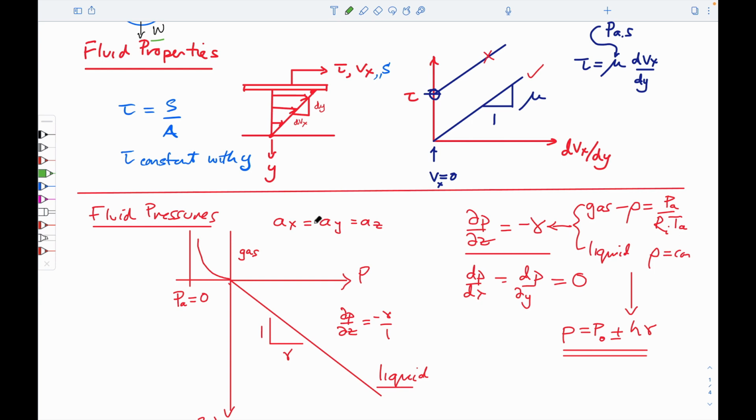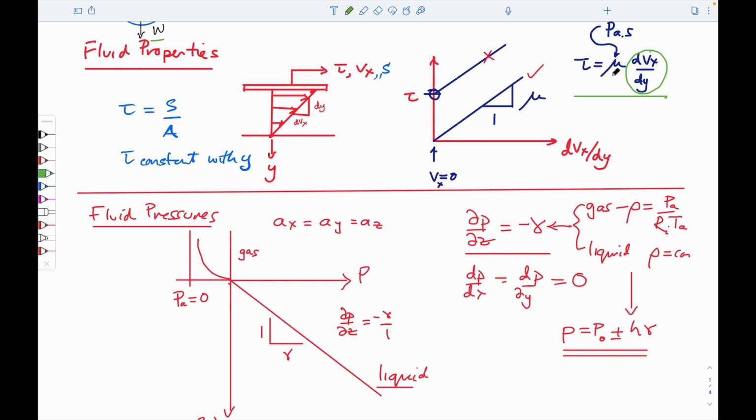Also in fluid properties, we talked about viscosity. Viscosity, Newtonian viscosity, is defined by Newton's law of viscosity, which says that the shear stress that you apply is proportional to the velocity gradient in space. The rate of change is the velocity in the x direction in this particular case, how it changes in the y direction, which is what this term is here.